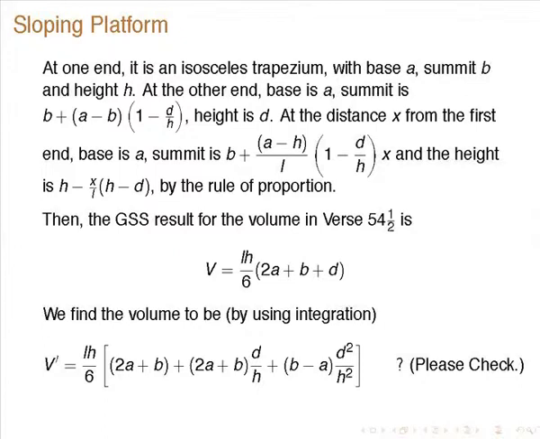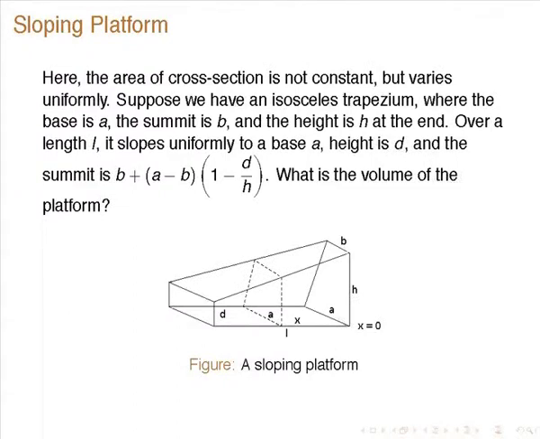What he is saying is, this is the length L, this is the H, this is B and A, and this is the height at the other end where it has fallen. So LH by 6 into (2A plus B plus D).